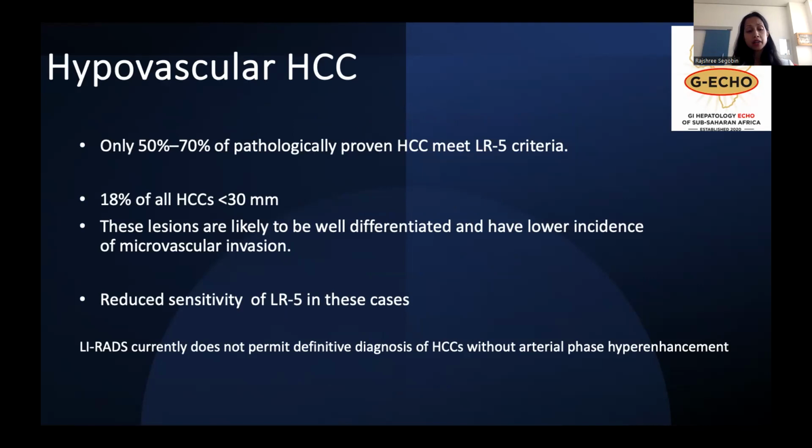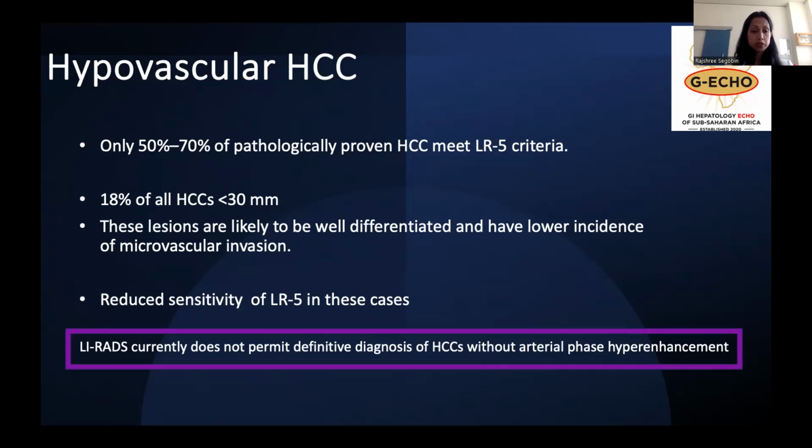And as per the latest LI-RADS version 2018, there is no definitive diagnostic criteria for HCC when there is no arterial phase hyperenhancement. So hypovascular HCCs may not be accurately picked up by the LI-RADS algorithm.